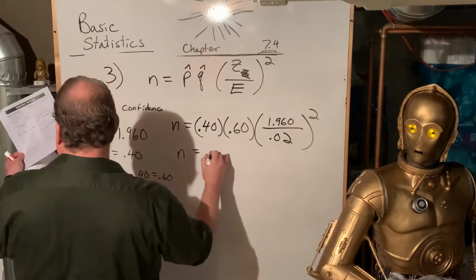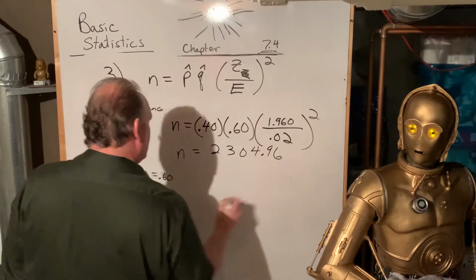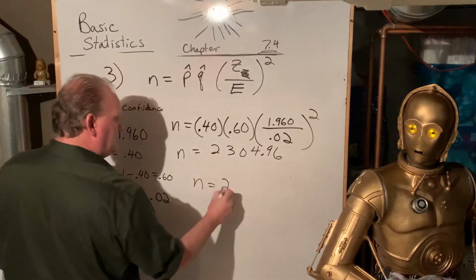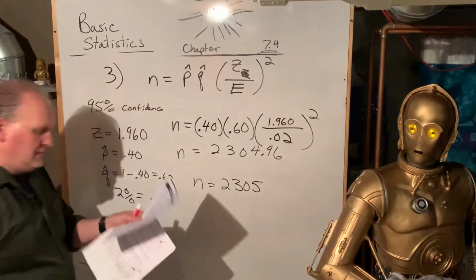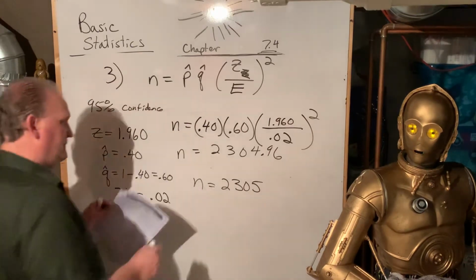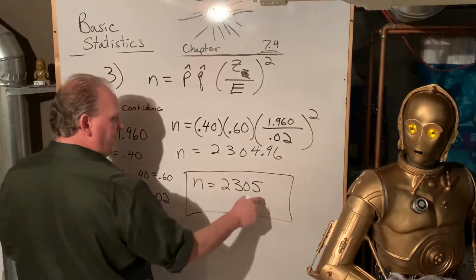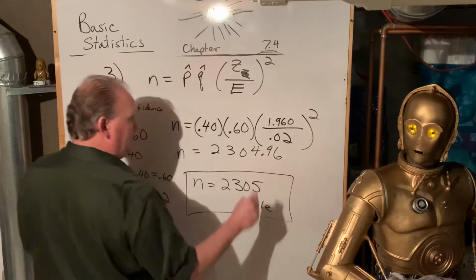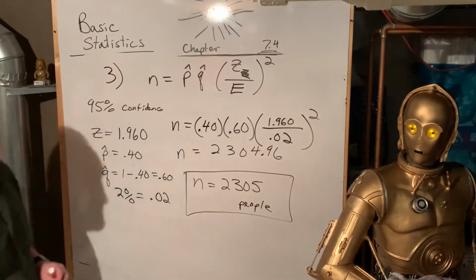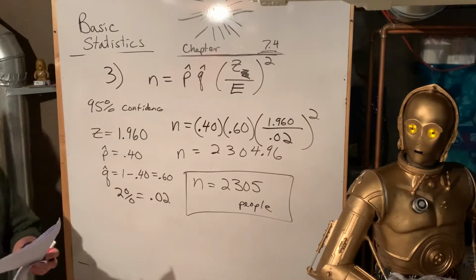You end up with this answer, 2304.96. So we'll call it 2,305. You need to have your sample size to be 2305 people surveyed if you want to get it down to a 2% error on your confidence interval, being 95% confident.